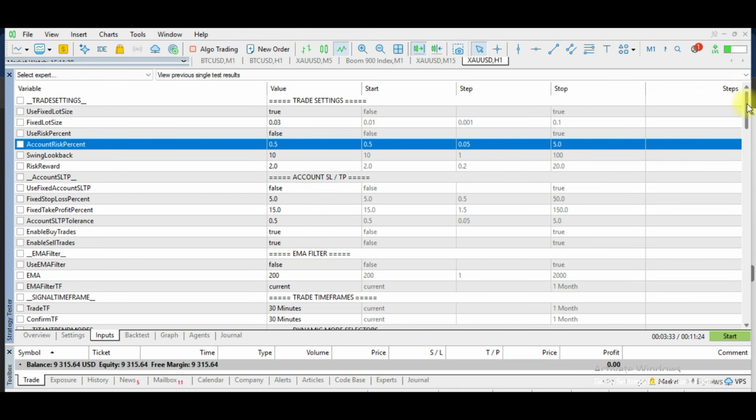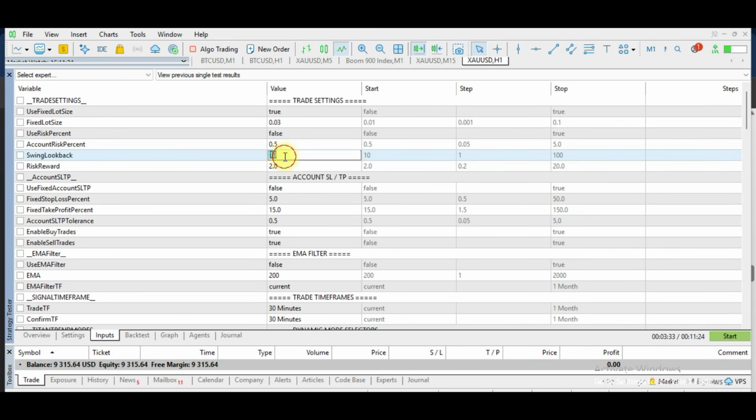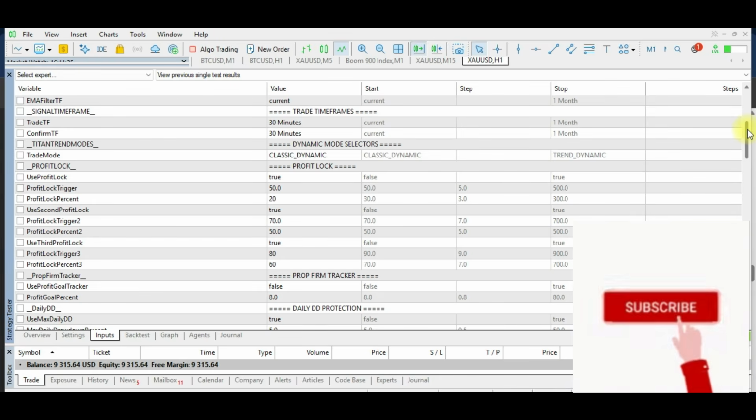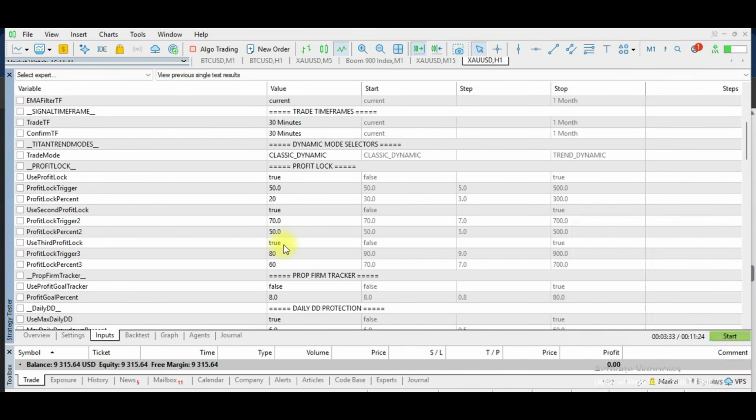So I'll set this set file here, and there's something I want to do here so that it will give me space to see the third and second profit.